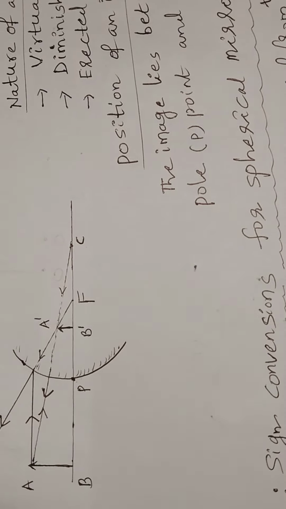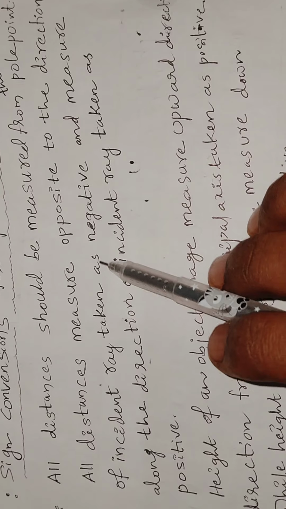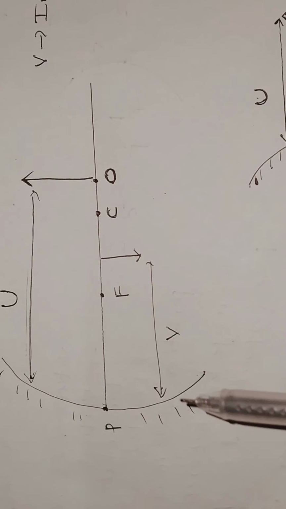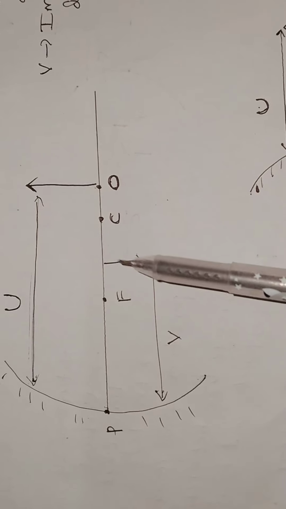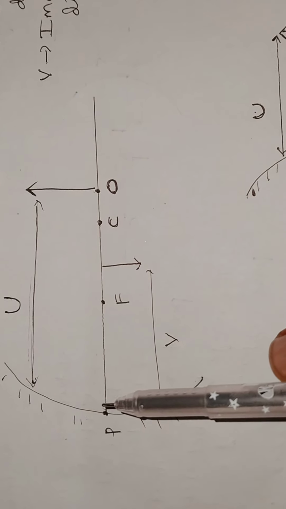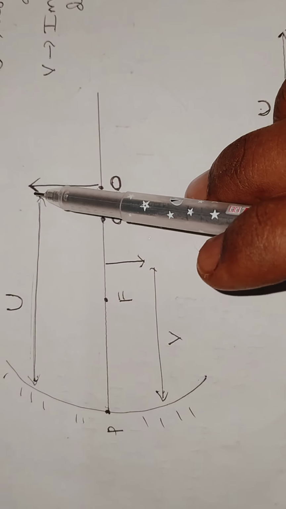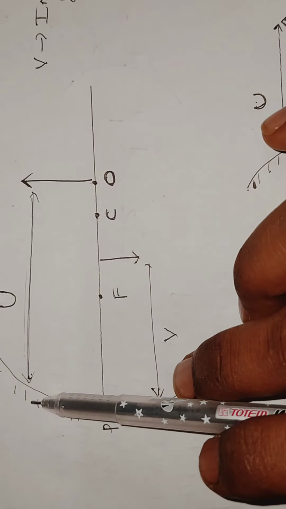Next, another sign convention. All distances measured opposite to the direction of incident ray are taken as negative. In the case of a concave mirror, the incident ray moves in one direction.